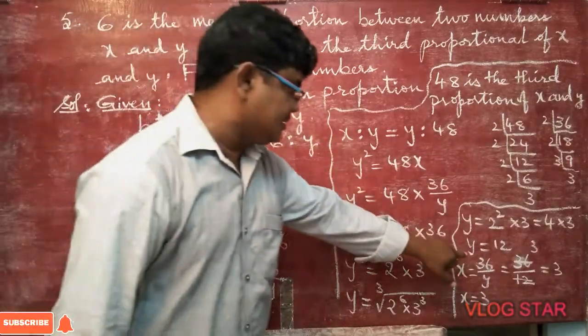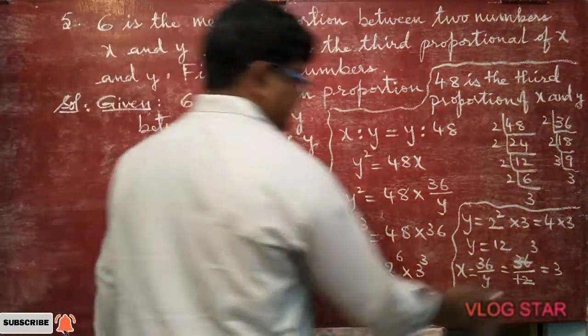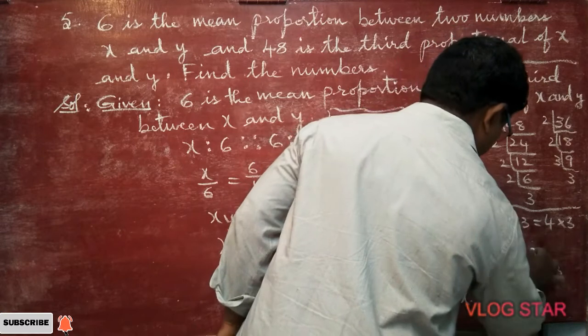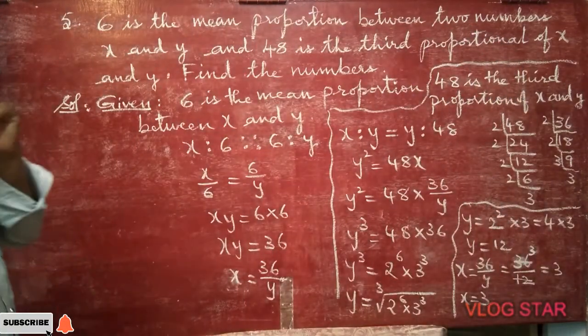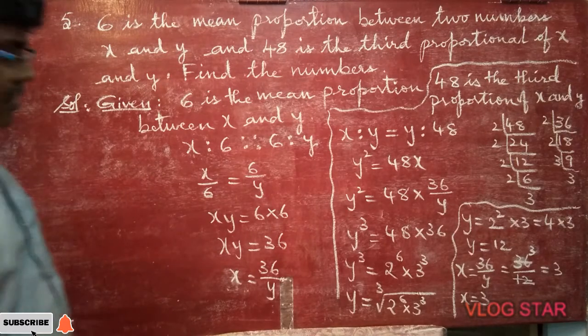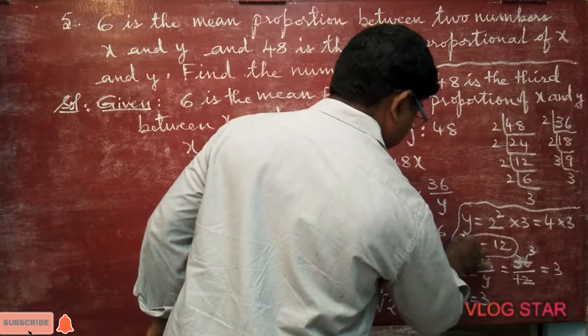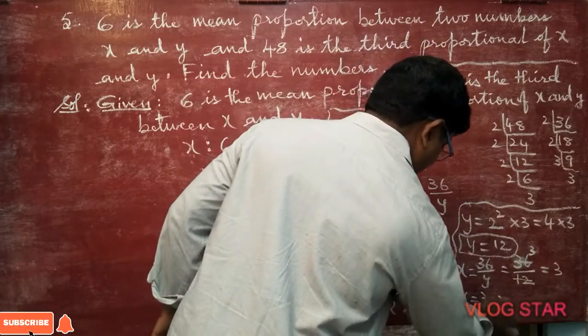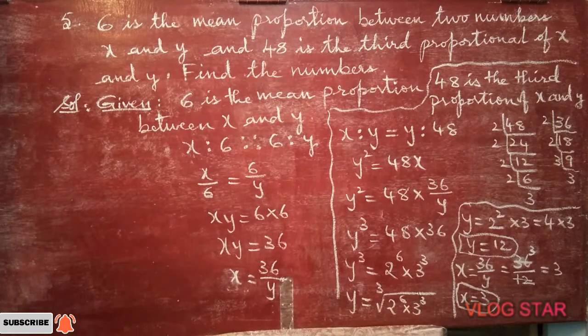What are the numbers? y is equal to 12 and x is equal to 3. Are you able to follow? These are the numbers.